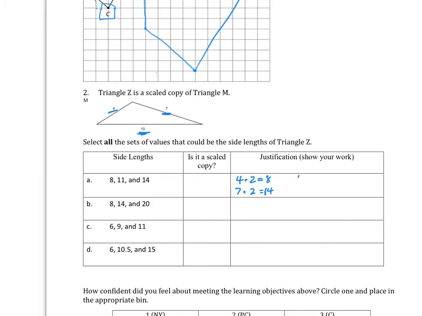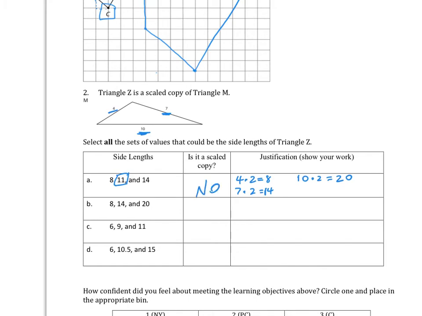And 10 times 2 is 20. Now, like I mentioned, 7 should correspond to the middle length, which in this case is 11. But it doesn't. It corresponds to 14. And then 10 isn't even listed on there. 10 times 2 is 20. So there is no 20. So because of that, these cannot be scaled copies. So we would say no.